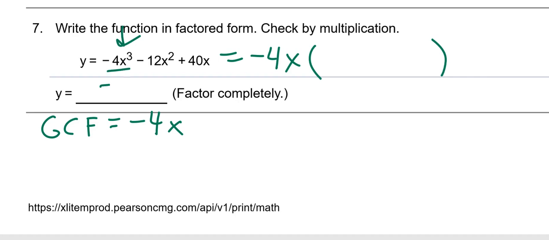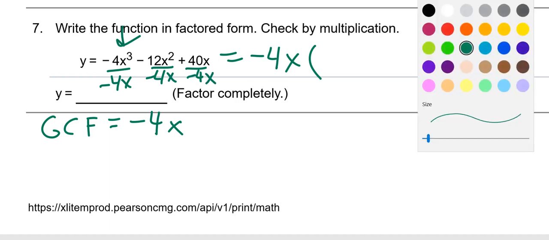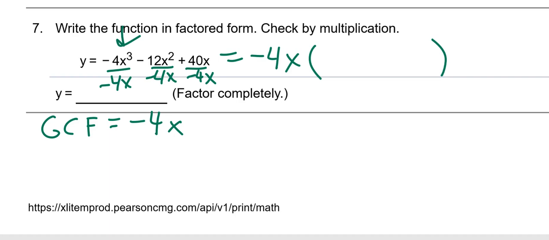So if I'm dividing everything by negative 4x, what's left? X squared plus what? Plus 3x. Good, good. Minus 10, right? You got a positive over a negative. That's got to be a negative.